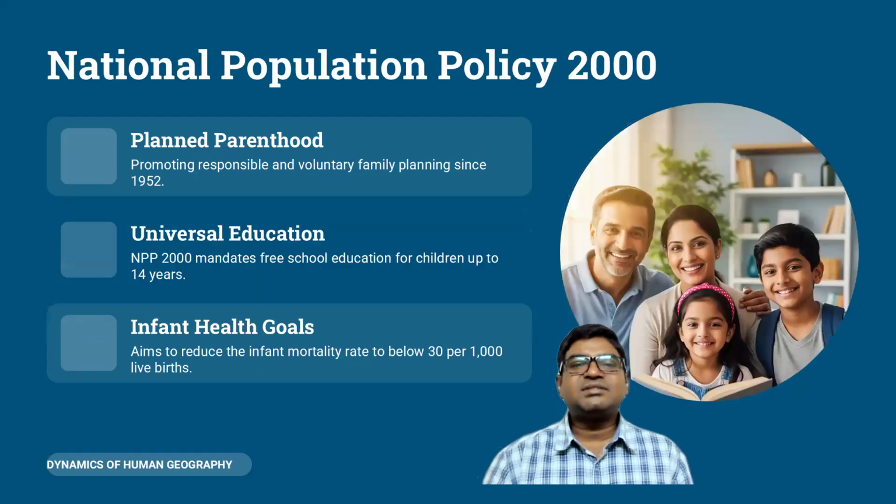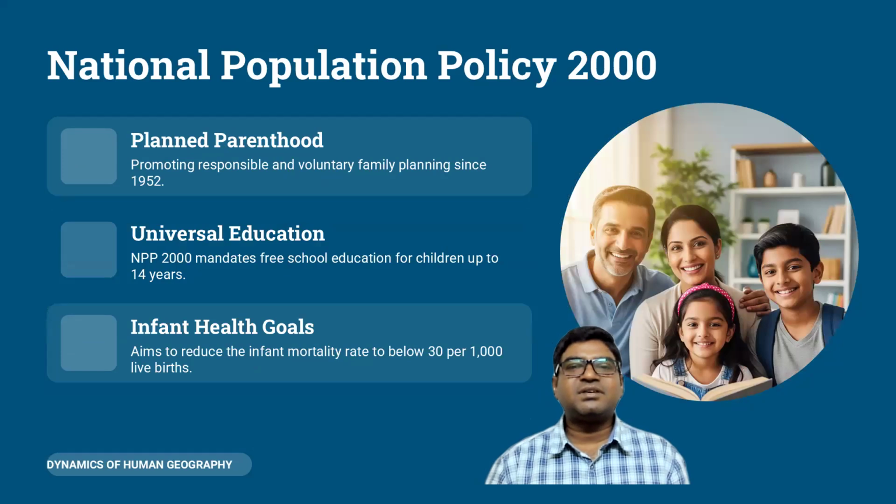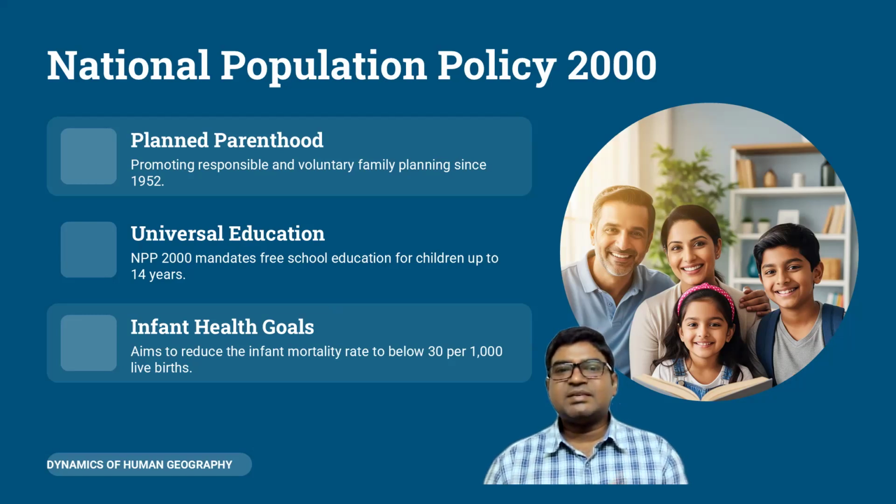Now, what is the National Population Policy 2000 telling us? The National Population Policy is talking about planned parenthood, universal education, and infant health goals. Three major elements: one, promoting responsible and voluntary family planning, since 1952.